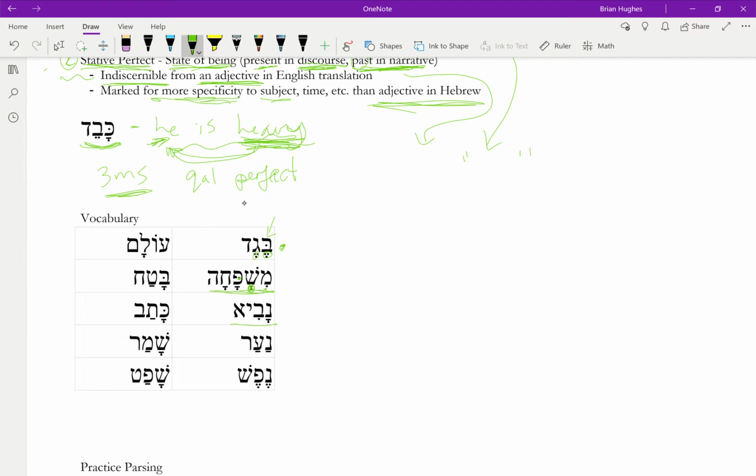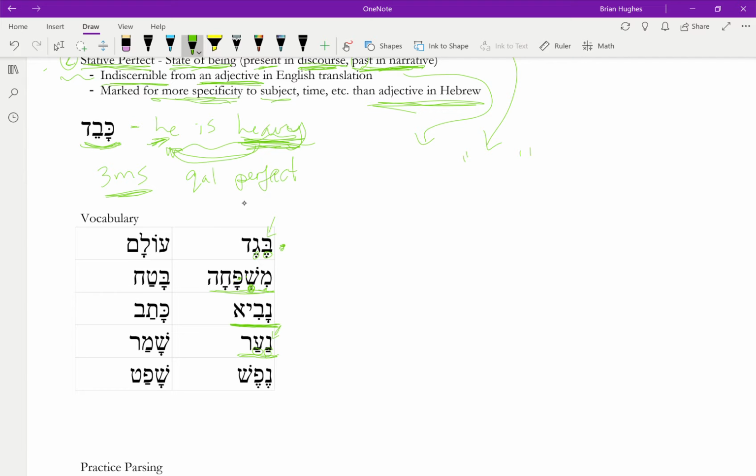This is Navi. Navi is a prophet. We saw the movie Avatar. The aliens are called the Navi. This is Na'ar. So the accent is here on the first syllable because it's pretending like it's a segulate noun. It's because we have a guttural here and it changes the vowels. I talked about that.